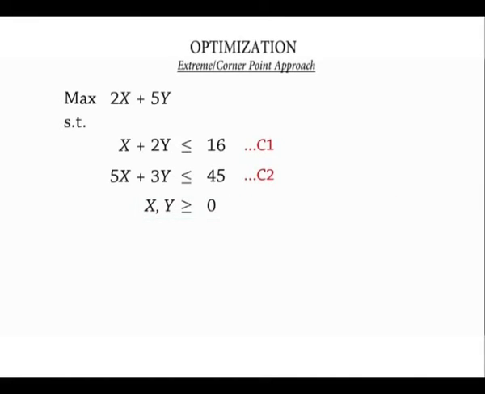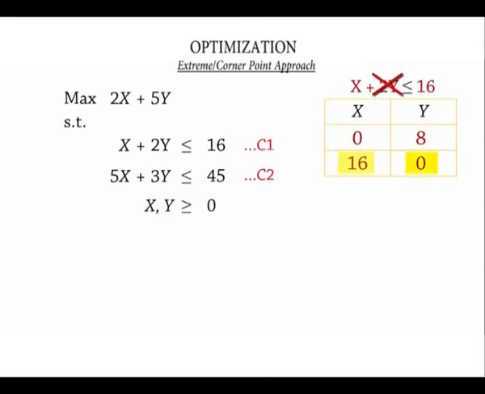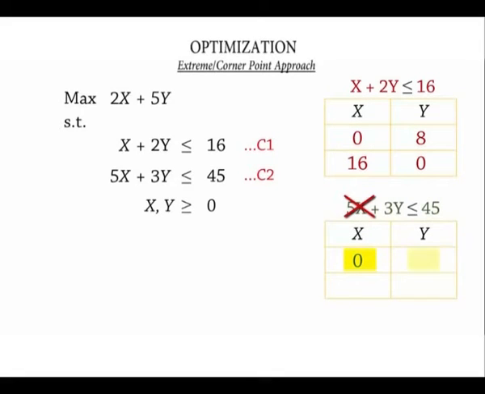These two are the non-negativity constraints. To solve these, as usual, we first find the points for the lines that satisfy the constraints. For C1, when x is 0, y will be 8, and when y is 0, x is 16. For the second constraint, when x is 0, y will be 15, and when y is 0, x will be 9.